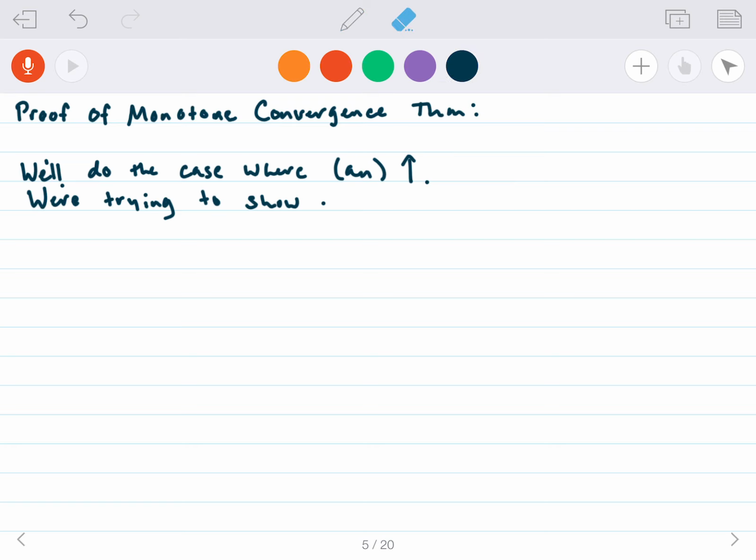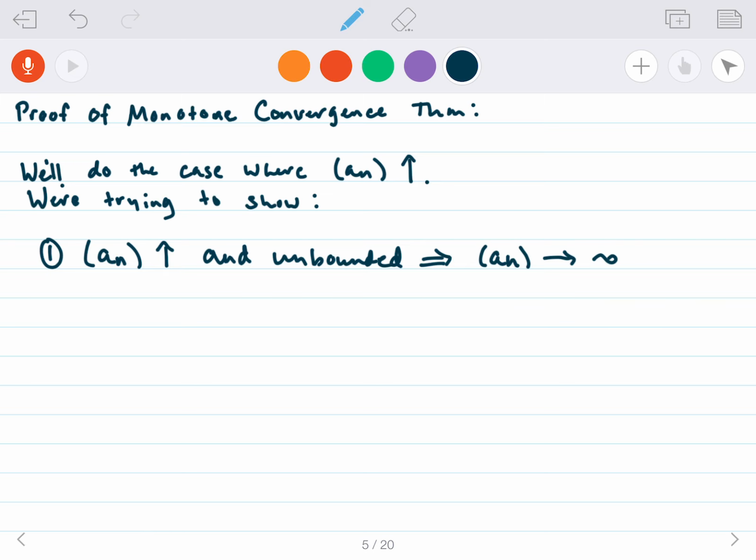The first thing we're trying to show is that if our sequence is monotone increasing and unbounded, this means that our sequence is going to diverge to infinity. So that's the first thing we want to show.